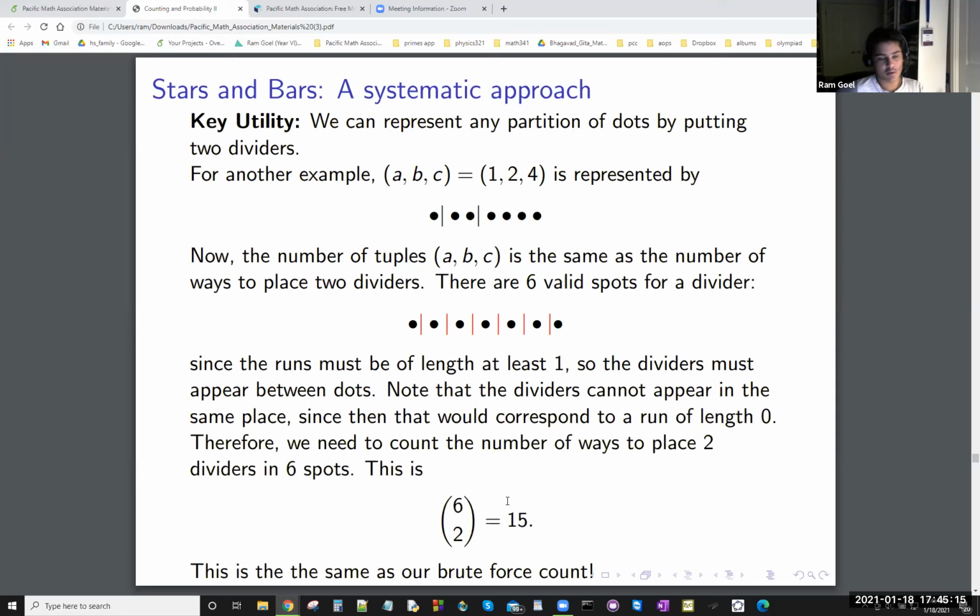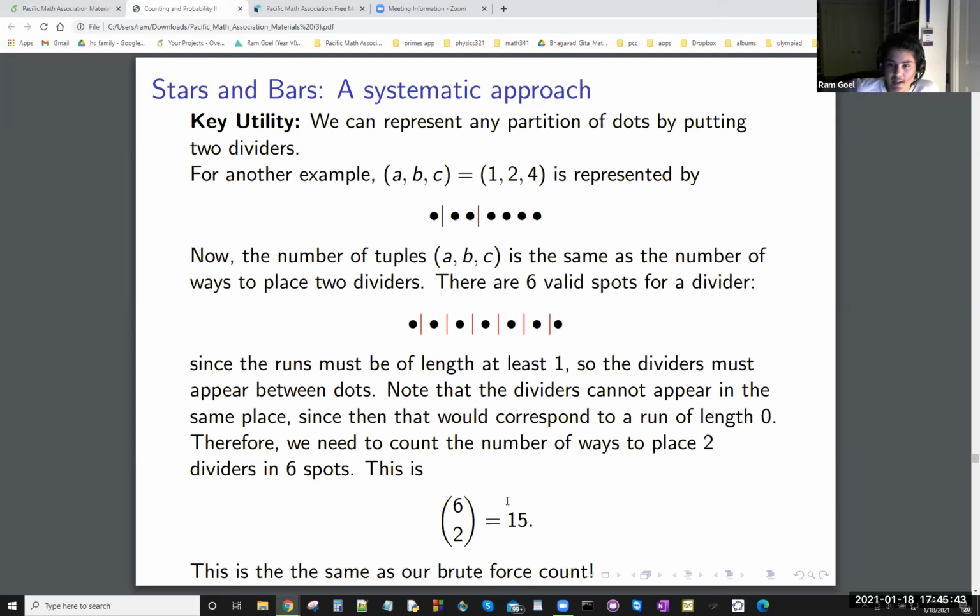Just make sure you read through this slide again. There are going to be a lot of problems about stars and bars in the practice problems. This is a very important concept, and there are adaptations of it, so it's not just changing up the numbers with the same setup.